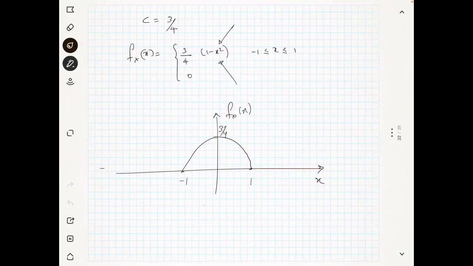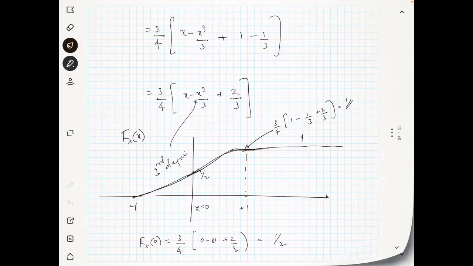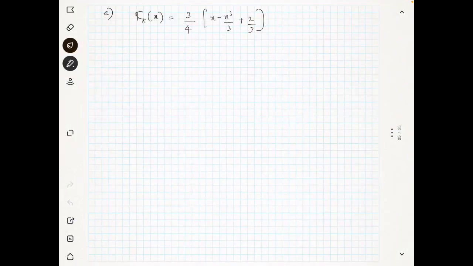Okay, now what is the probability that x is less than 0? You know that Fx of x, you got it as 3 by 4 into x minus x cube by 3 plus 2 by 3. Okay, that's what I think we have got. Yeah, next, what is the first part?